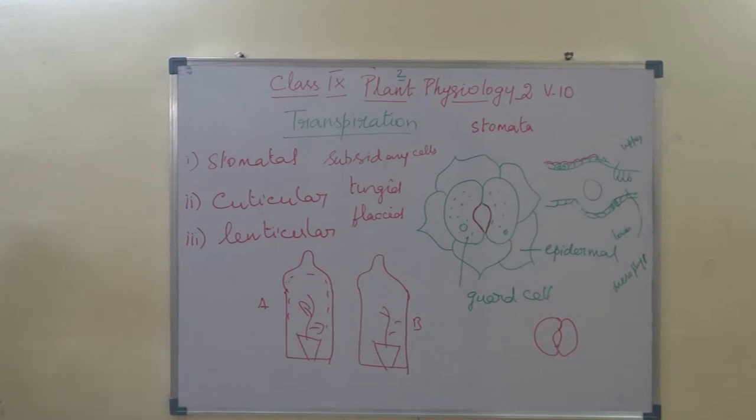Then it is necessary for continuous supply of minerals. Transpiration is a must for a continuous supply of minerals. And also it regulates the temperature of the plant.